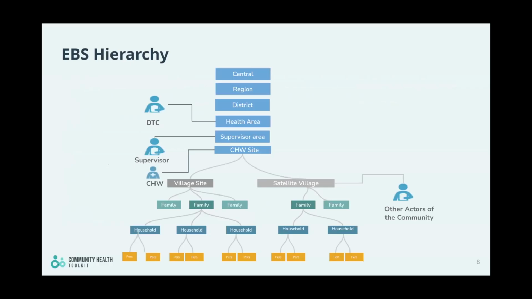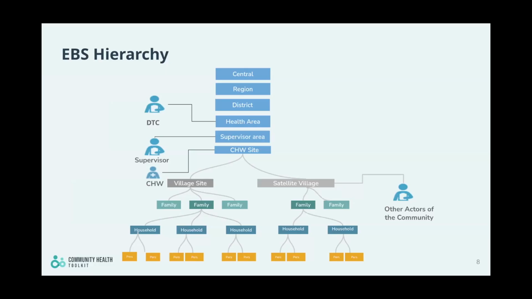Before talking about the workflow, we'll go through the hierarchy of the health system of Mali. As usual, we have the central level, the top level, the national level. When we go down, we have the regional level and then the district.